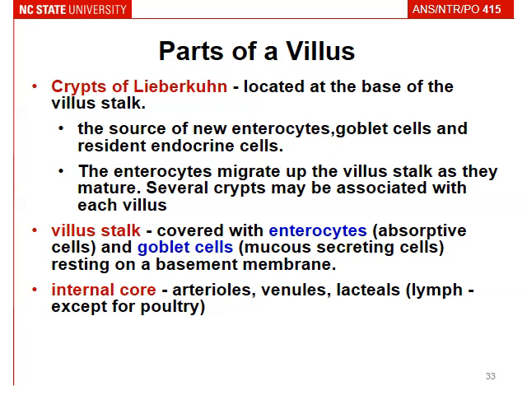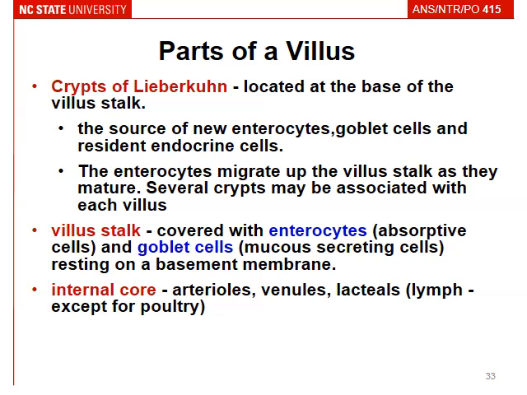So we also have different parts of the villus. The lower part is what we refer to as the crypts of Lieberkühn, and these are located at the base of the villus stalk. And this is where all the new enterocytes, the goblet cells, and the endocrine cells reside.